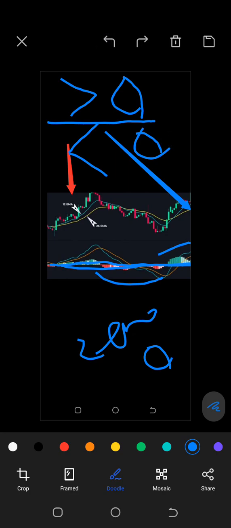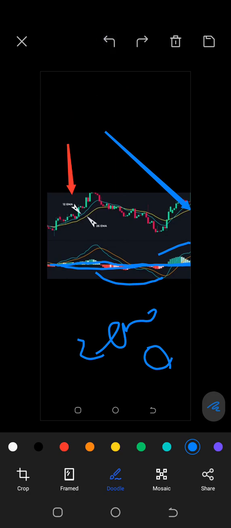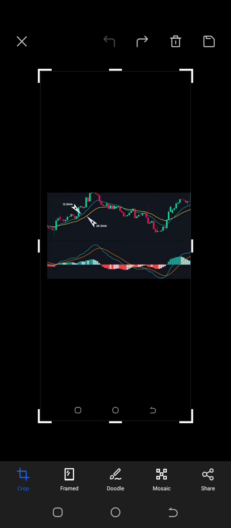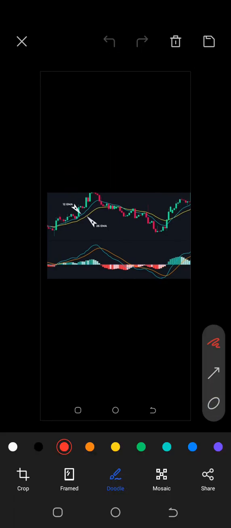So let's clean this one. I hope you are following. Just taking it off so you don't get confused. So to recap, whenever the 12 EMA is above the 26 EMA, the MACD line will be above the zero line.